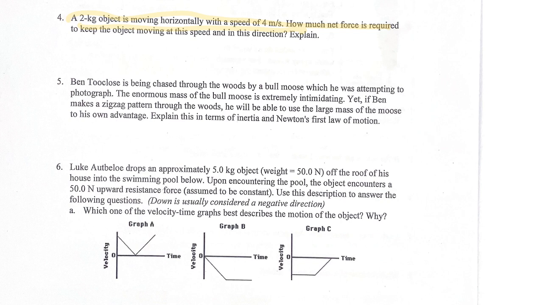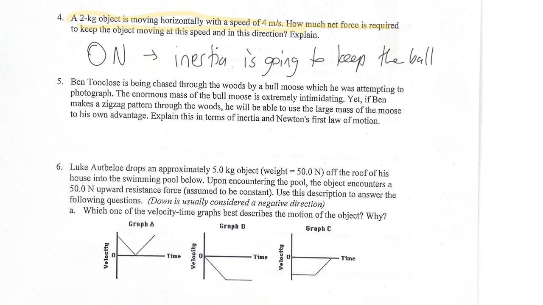How much force is required to keep the object moving? 0. Why 0 force? Because it's got inertia. Inertia is going to keep the ball moving. But in real life, it will have to overcome the frictional forces.